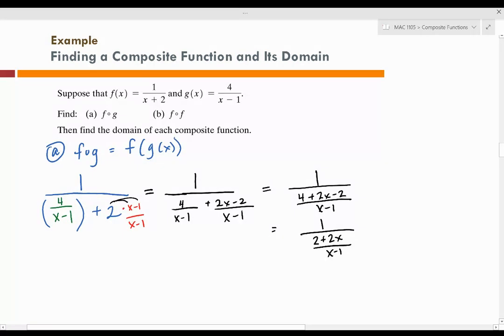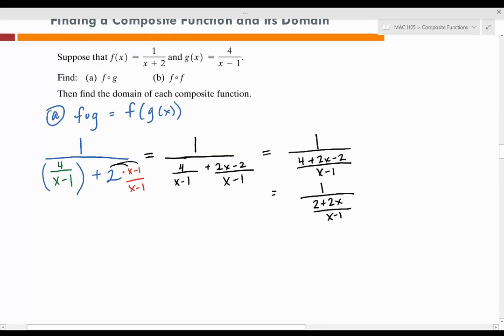All right, so instead of dividing by a fraction, I can multiply by the reciprocal, or keep, change, flip. So this is going to be 1 times (x minus 1) over (2 plus 2x). And 1 times anything is just itself. So it gives me (x minus 1) over (2 plus 2x). Okay, that is my composite function.